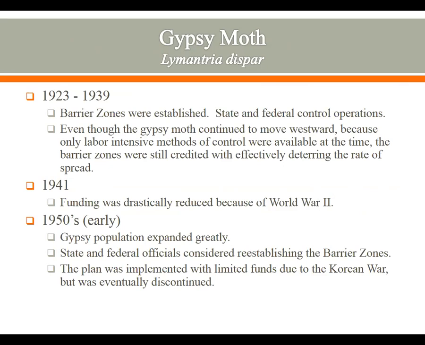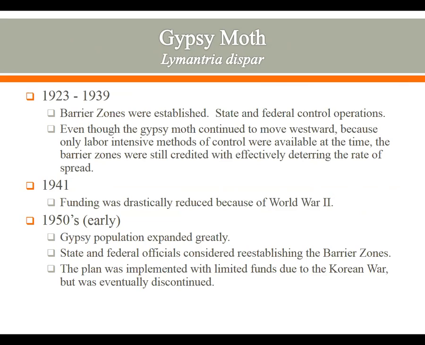Even though the gypsy moth continued to move westward, the barrier zones method was a pretty good, credible way of deterring the rate of spread. So it was continued later on and also in our current SDS program.